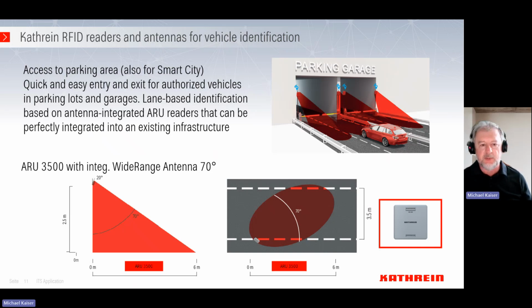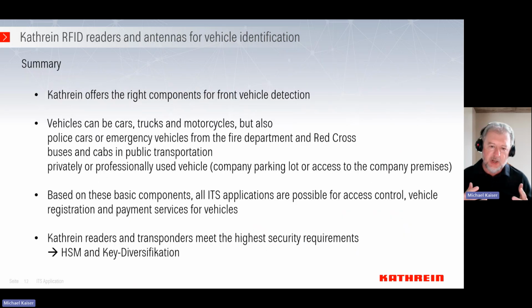So we have seen a lot of applications are available. We have a lot of possibilities, and let's come to the summary. You have seen we have the right components for vehicle detection. We can catch cars, trucks, motorbikes, but also police cars and emergency vehicles from the fire department and Red Cross.